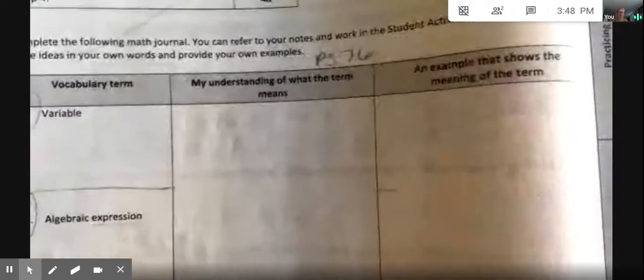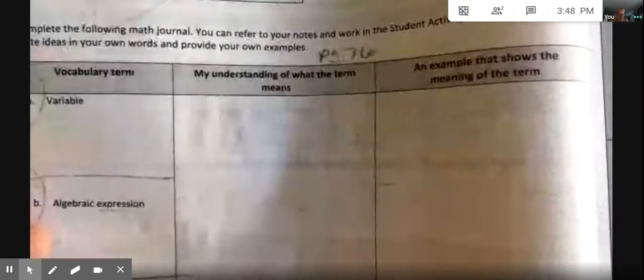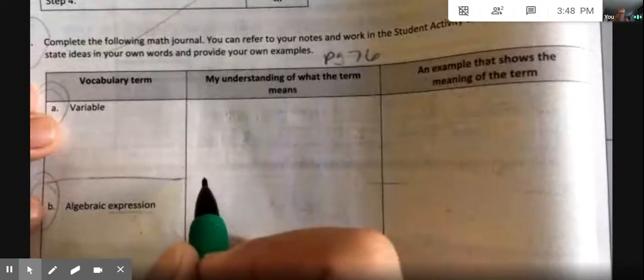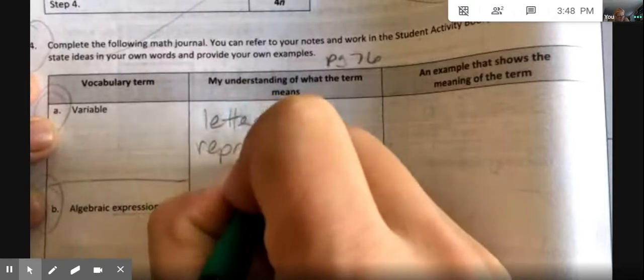And then we have some definitions. All right, for variable, my understanding of what this term means. A variable is a letter that represents a number.